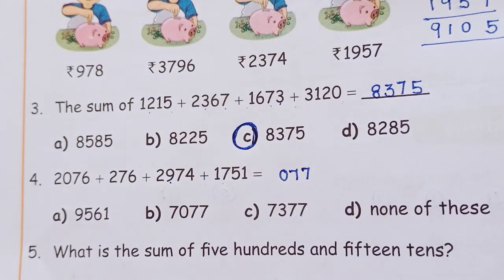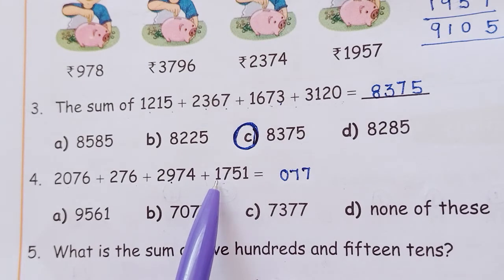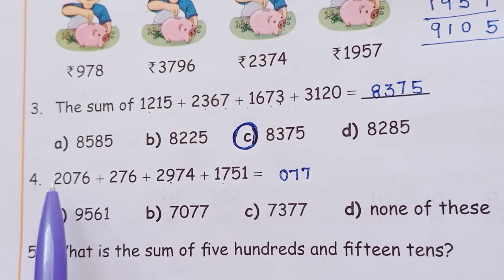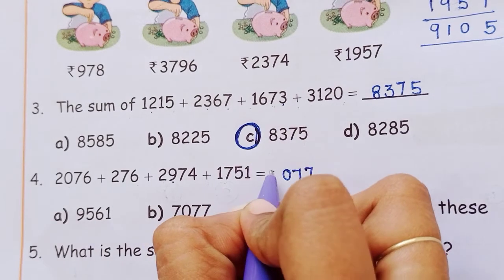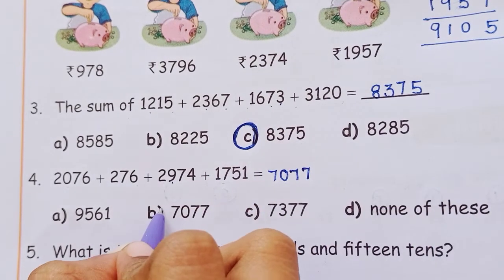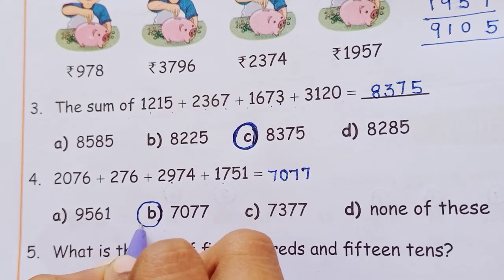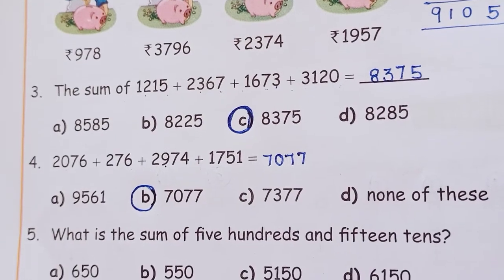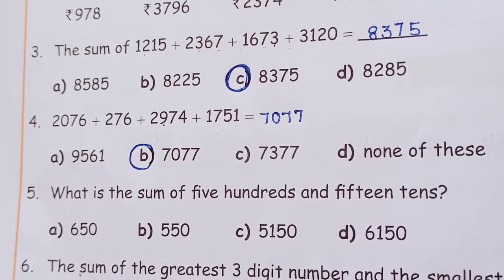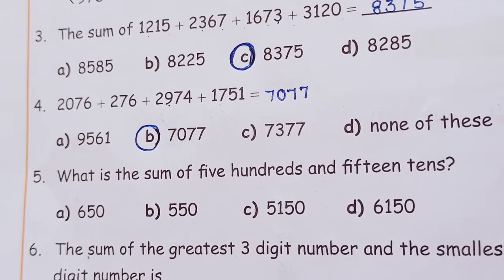Remaining 2. Add the thousands column. 2 plus 1, 3. 3 plus 2, 5. 5 plus 2, 7. So the answer is B. Then what is the sum of 515 tens?